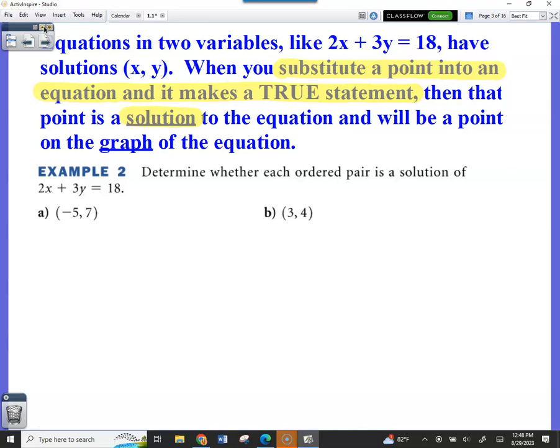You have the coordinate point of the form (x, y). You're going to plug it in, and you're going to verify if the left equals the right.